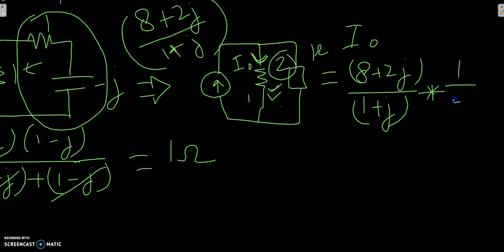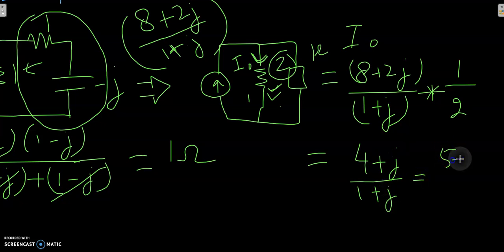So 1 plus 1 gives you 2. Finally this equals 4 plus j divided by 1 plus j, and if you reduce it you will get 5 minus 3j upon 2 amperes.